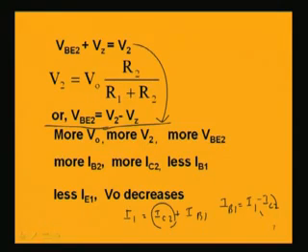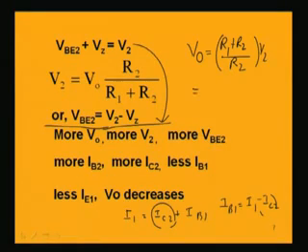So if you are asked to find out V0, then we can write that V0 equals R1 plus R2 by R2 into V2.